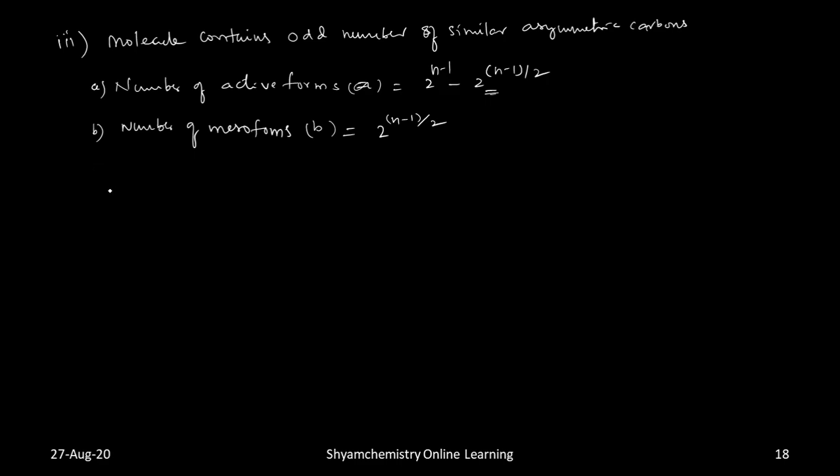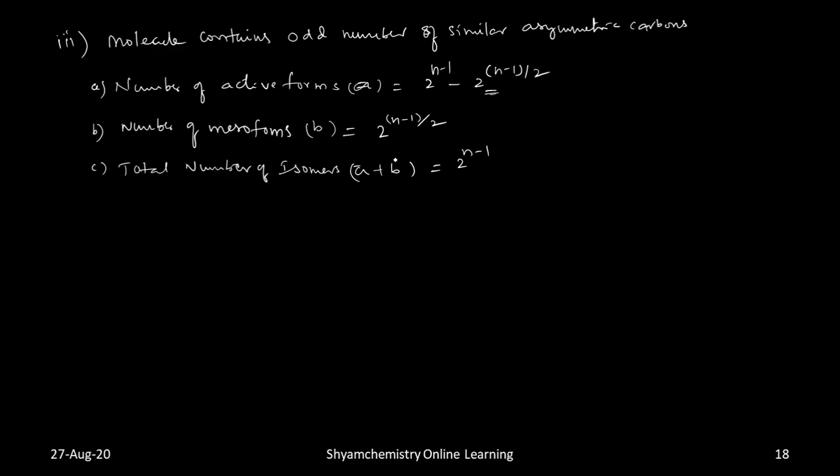Total number of isomers A plus B equals 2 to the power of n minus 1.